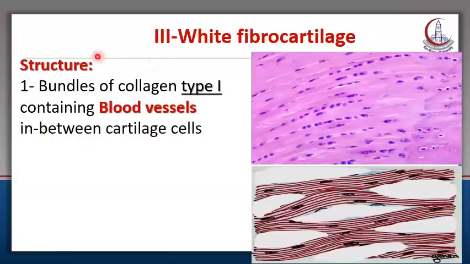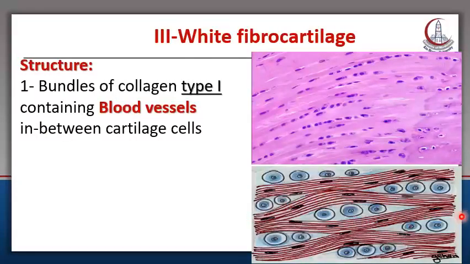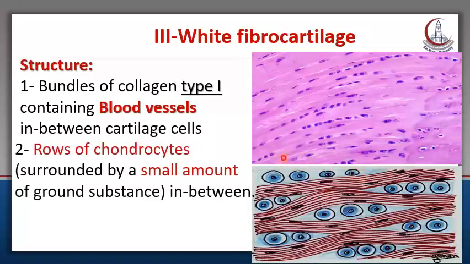Regarding the structure of white fibrocartilage, it is formed mainly of parallel bundles of collagen type 1, containing blood vessels. Between these collagen type 1 bundles, we have rows of chondrocytes surrounded by a small amount of cartilage extracellular matrix.